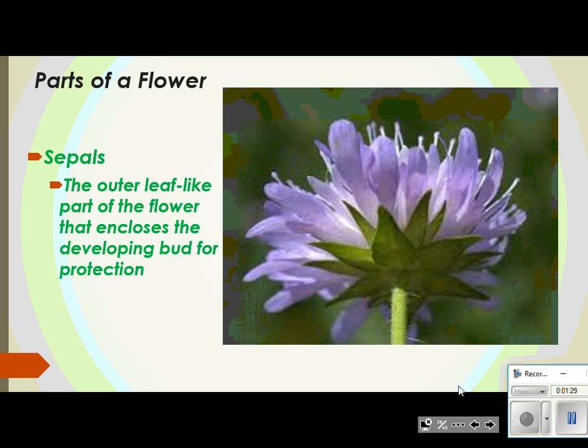So, if I'm looking at this diagram right here, see the stem of the flower here? That is the stem. These are the sepals right here, the little protective parts that enclose the bud. Those are the sepals.